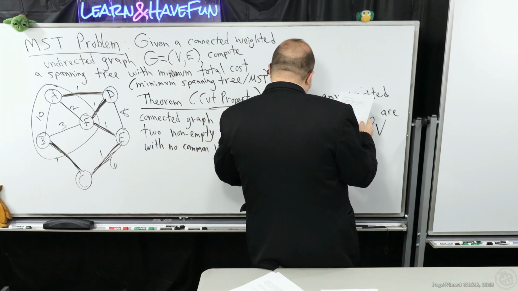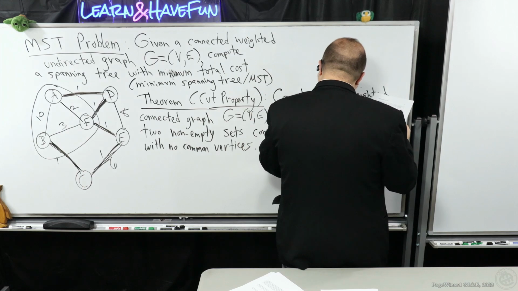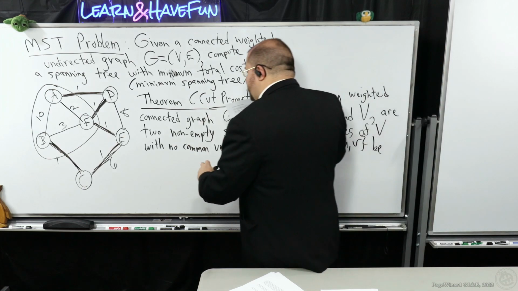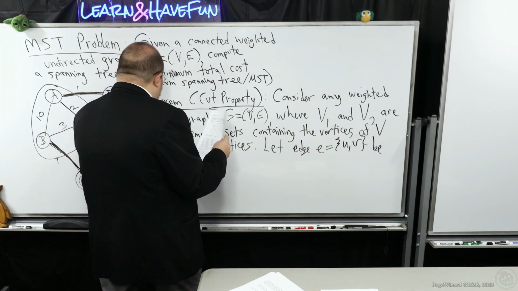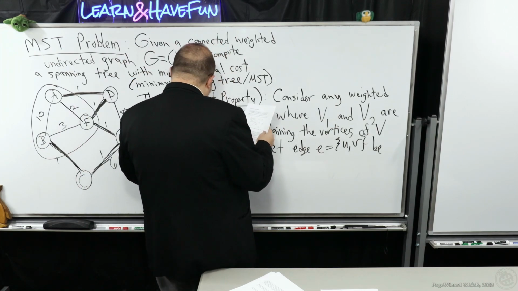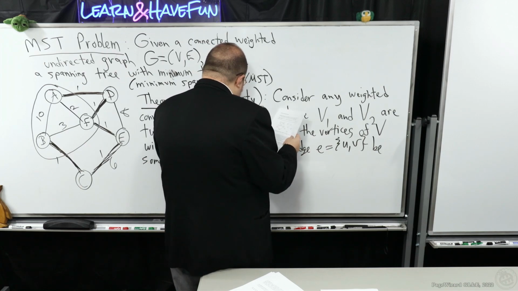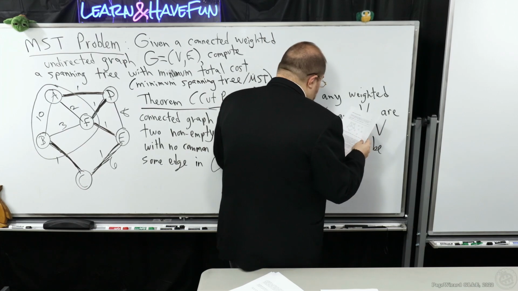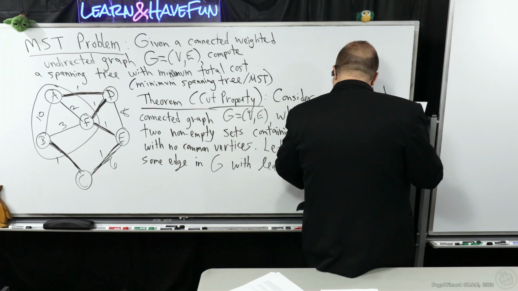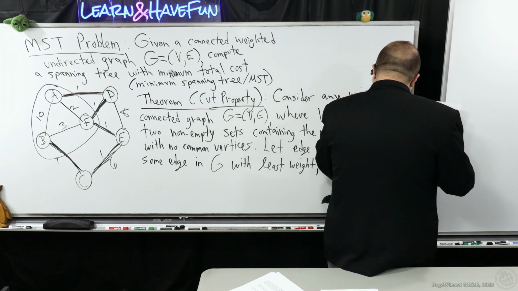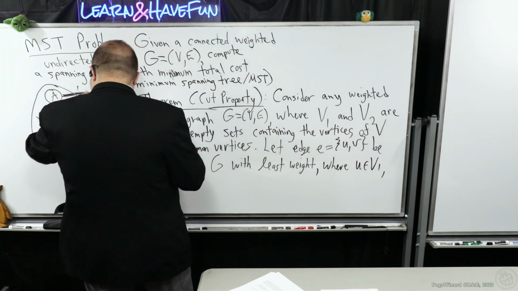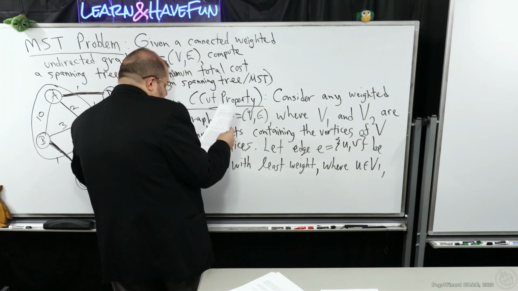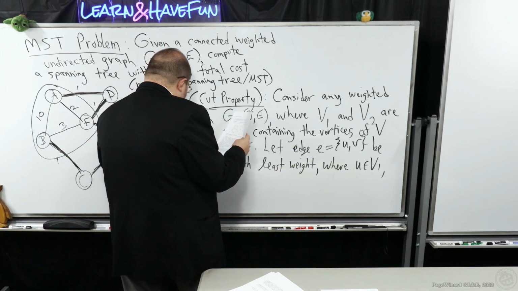Now, let edge E, whose endpoints are U and V, be some edge in G with least weight, where U is in V1, so it's one of the ones in the first bucket, and V is in V2.